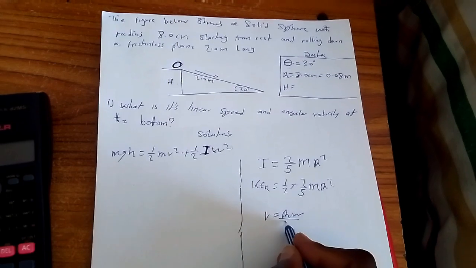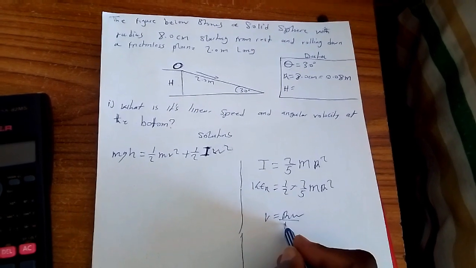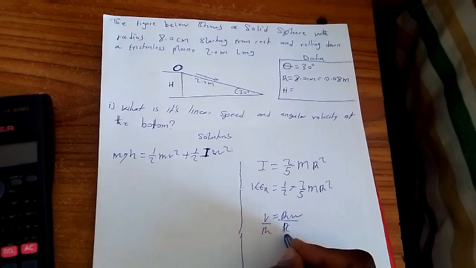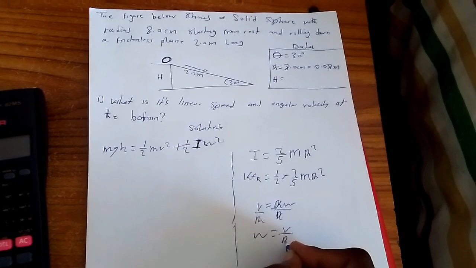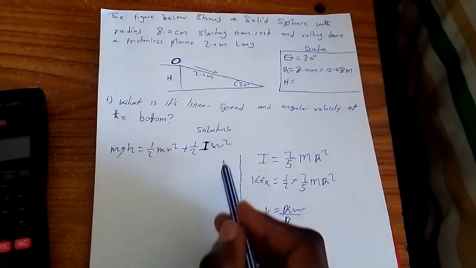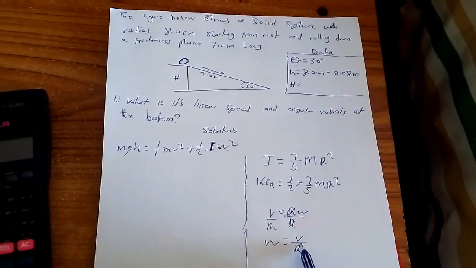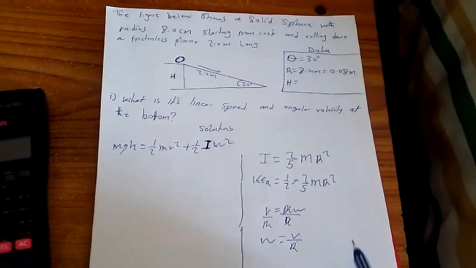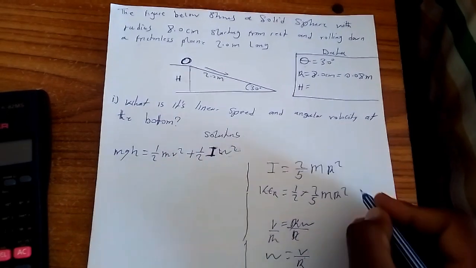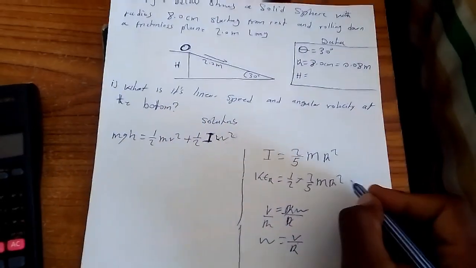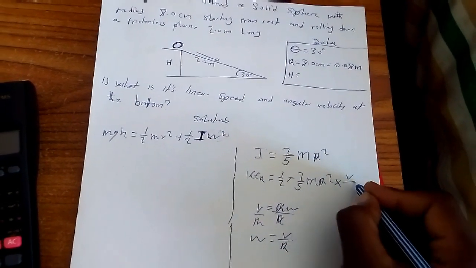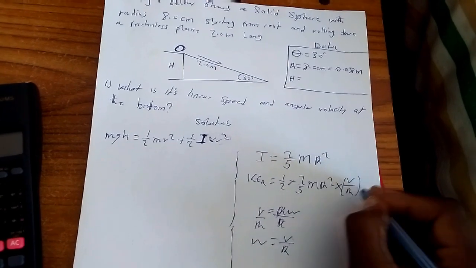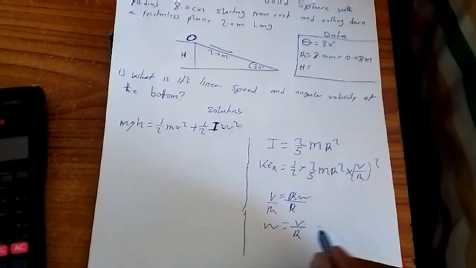When we make this the subject of the formula, the angular velocity is equal to v over r. So where we have omega, we replace it with v over r, squared.